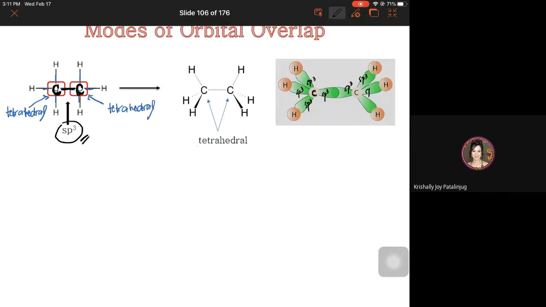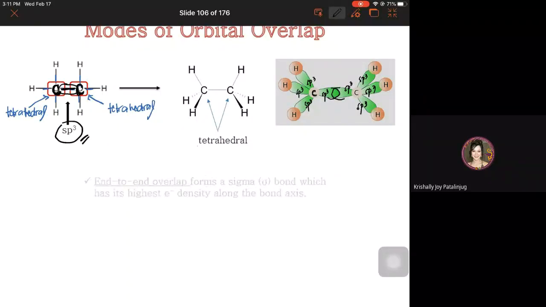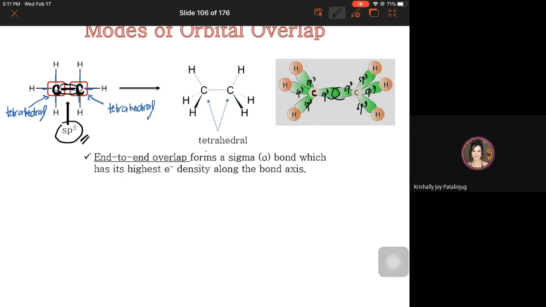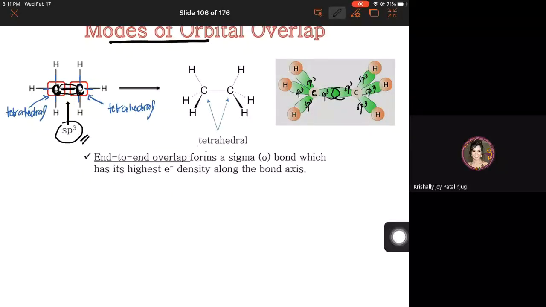Now, this bond between carbon and carbon arises because of the overlapping of the end of one sp3 orbital and the end of another sp3 orbital. Okay, so when we say end-to-end overlap, this is the first mode of orbital overlap. When end-to-end overlap happens, that forms a sigma bond.